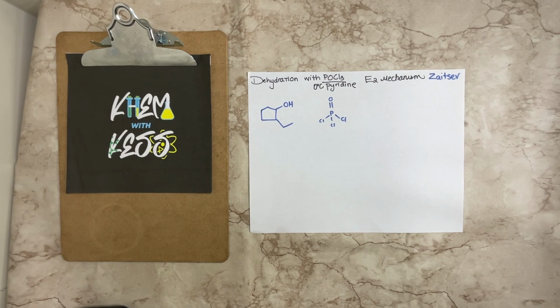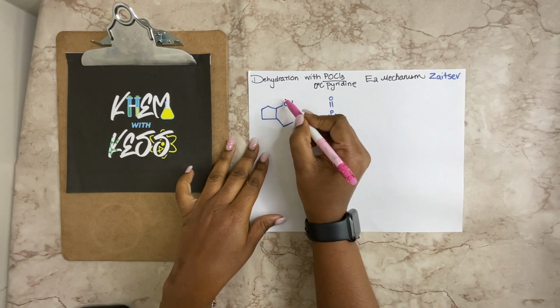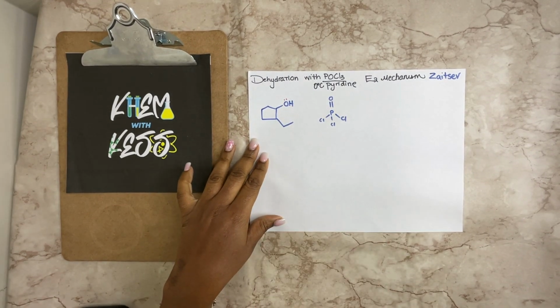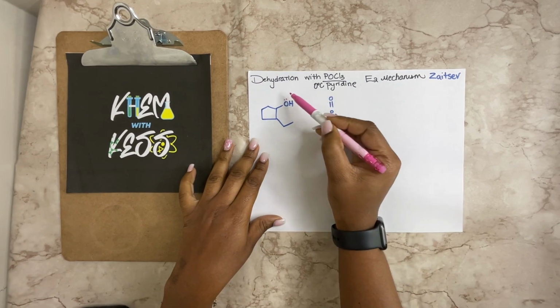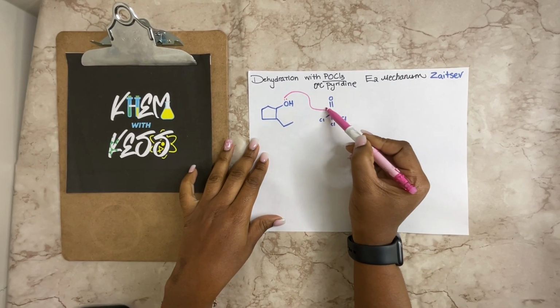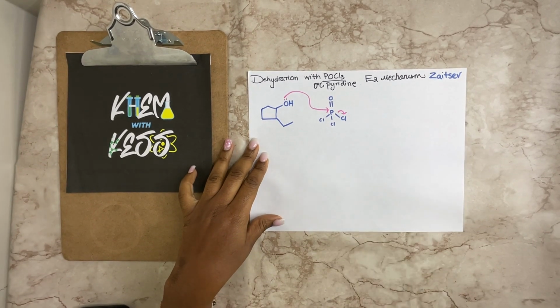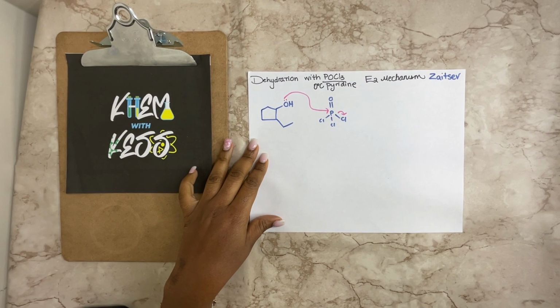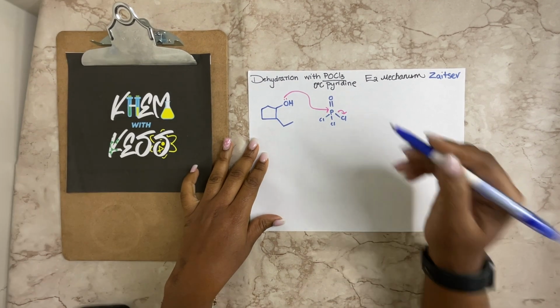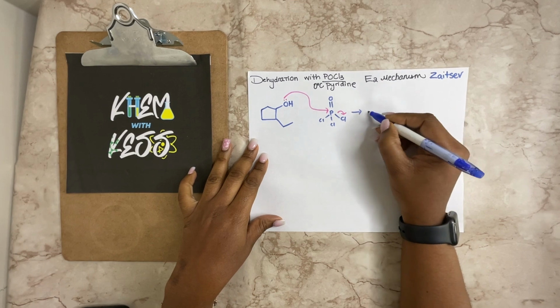So for this one, we are going to start off by creating the OH to be a good leaving group. So this is going to attack the phosphorus group and kick off one of the Cls. When it does, the structure gets really big and really complicated quick.